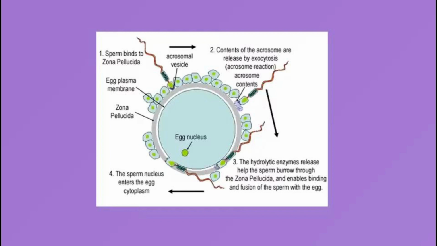The sperm head then fuses with the cell membrane of the egg cell, allowing the sperm to release its nucleus into the ovum. The cortical reaction then occurs, which causes the zona pellucida to harden, and that prevents any further fertilization from occurring.